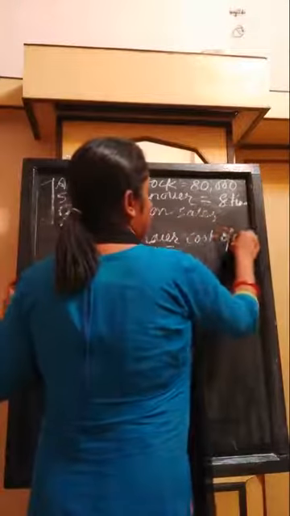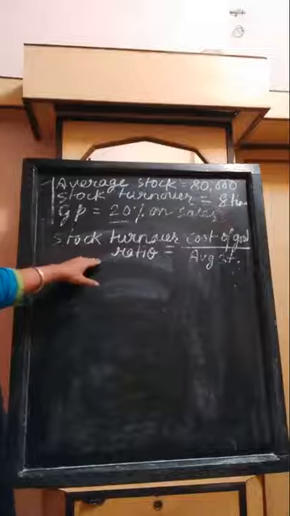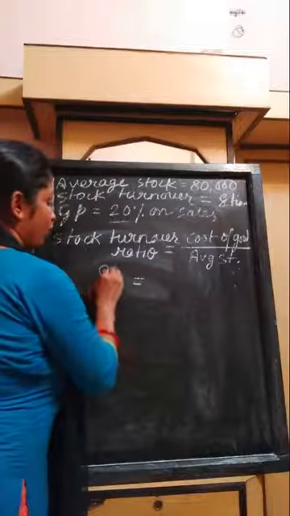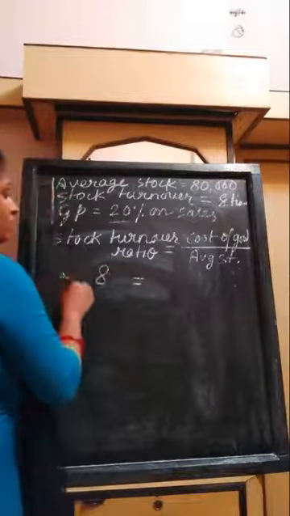Now stock turnover ratio is given to you as 8. So you will write 8 over here in place of stock turnover ratio.